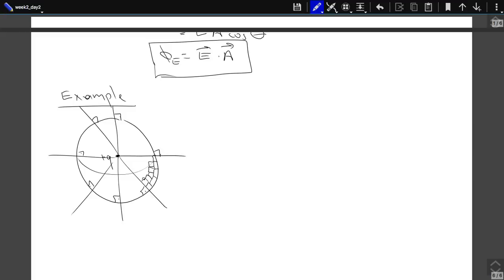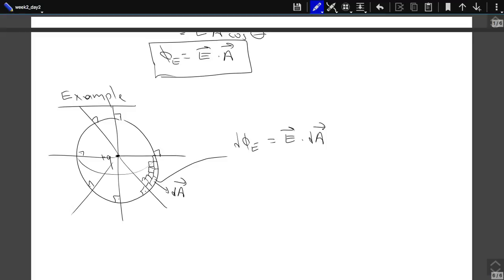Now you have to choose a perpendicular direction. The easiest would be to choose outside. So for this area element, this is my area vector. Let me just call it dA. Now the flux passing through that area is the electric field at that point multiplied by dA.